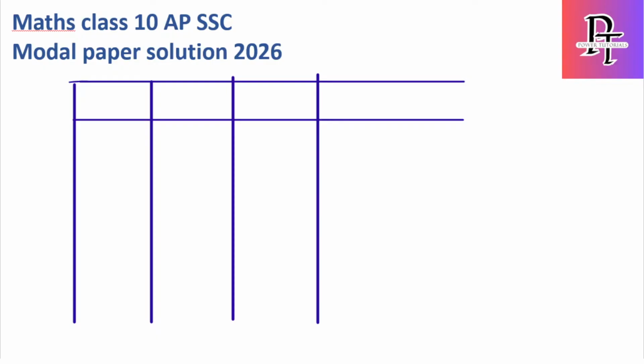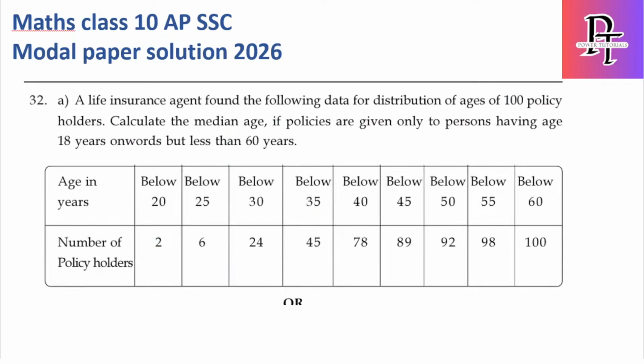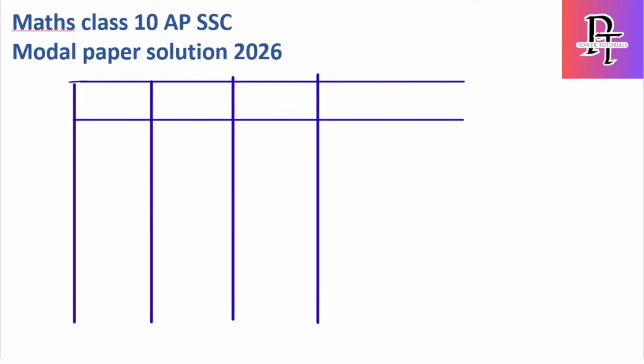I'll write CI, this is F frequency, and this is CF cumulative frequency.